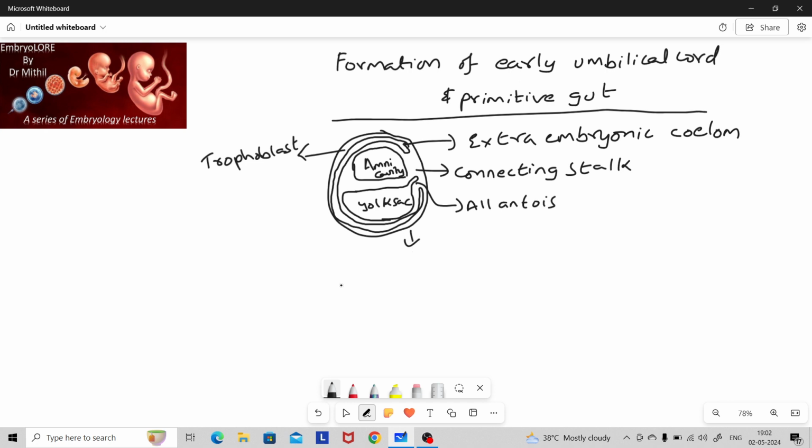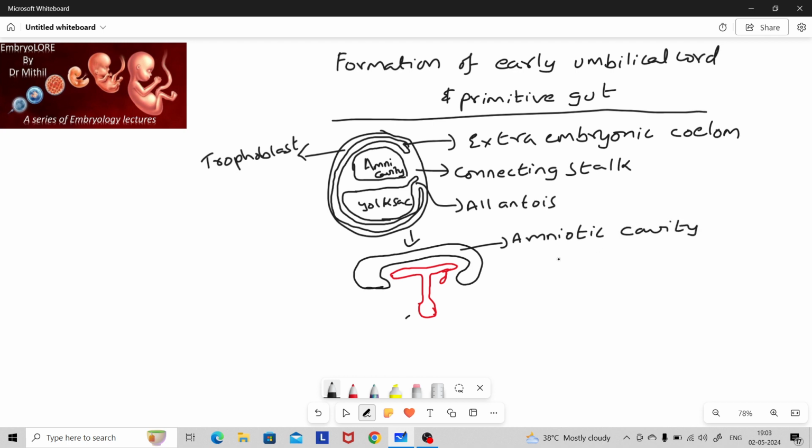Here we will be seeing it in a different way. Okay, so this is the amniotic cavity, and now in the labeling we will be seeing, this is the amniotic cavity, and after this, this is the hindgut.